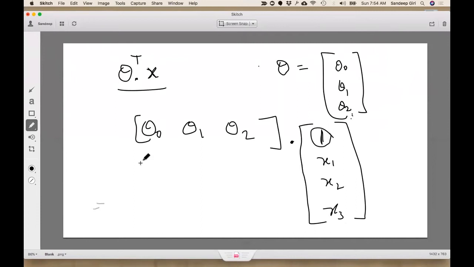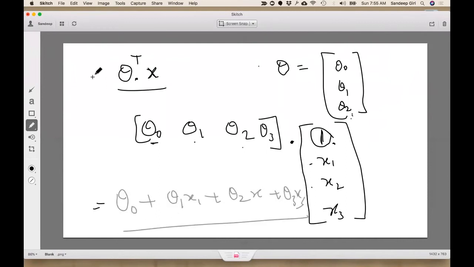When we multiply these, this gets multiplied with this, this with this, and so on. Here there'll be, let's say, theta 3 also. So it'll be theta naught plus theta 1 into x1 plus theta 2 x2 plus theta 3 x3. So this y hat is equal to this in the case of linear regression.